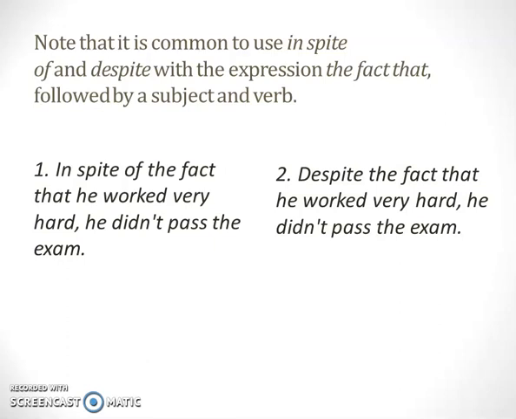If you use the expression the fact that after in spite of or despite, after this you can use subject and verb also. For example, in spite of the fact that he worked very hard, he didn't pass the exam. Despite the fact that he worked very hard, he didn't pass the exam.